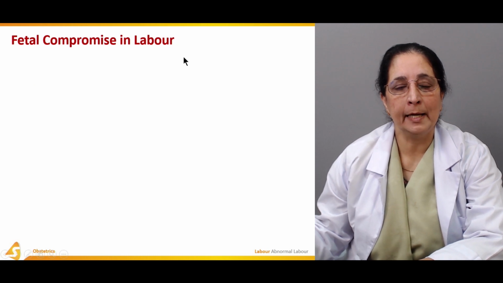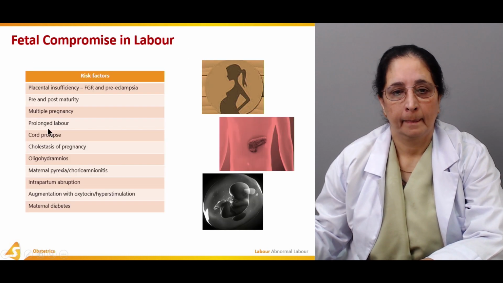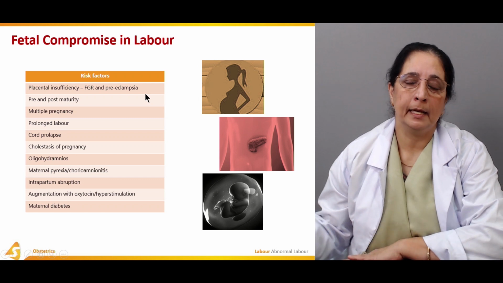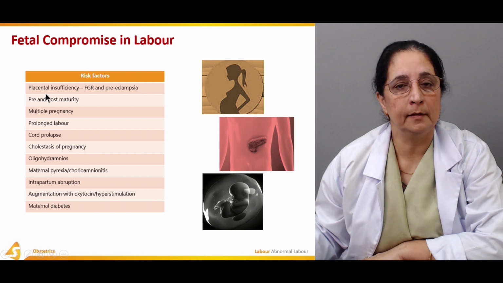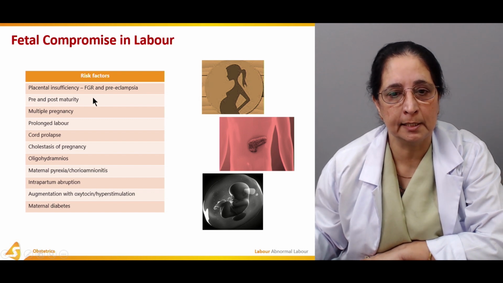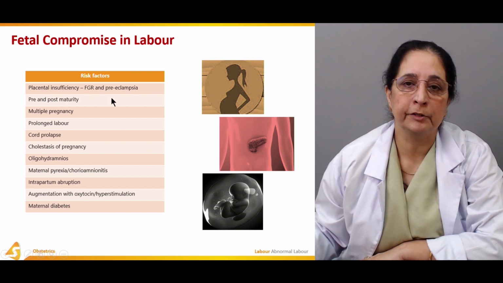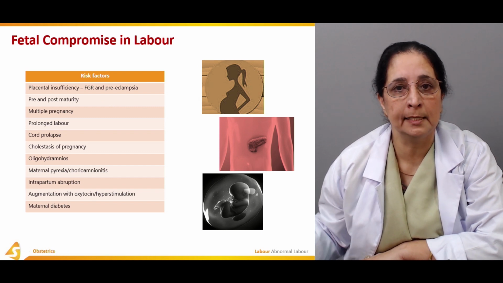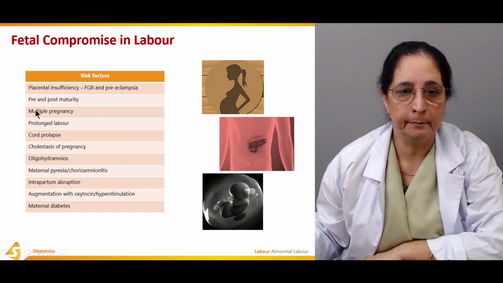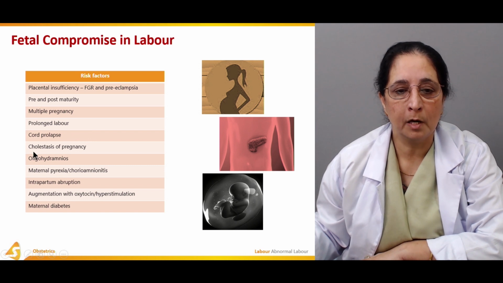Fetal compromise in labor. Fetal compromise can be due to different risk factors. Some of these are placental insufficiency, fetal growth restriction, and preeclampsia, which is a common cause of fetal compromise. Also pre- and post-maturity, multiple pregnancies, prolonged labor, and cord prolapse.